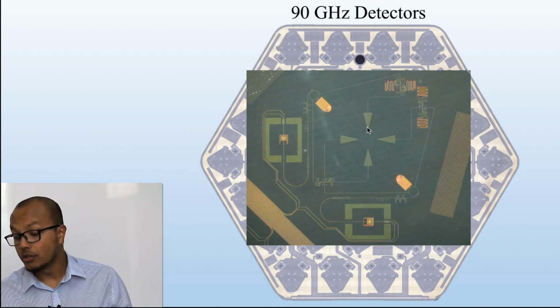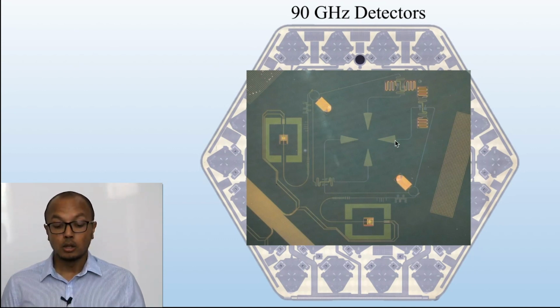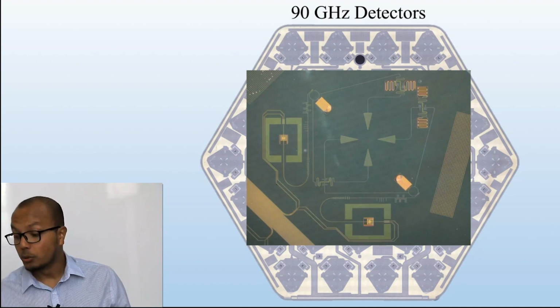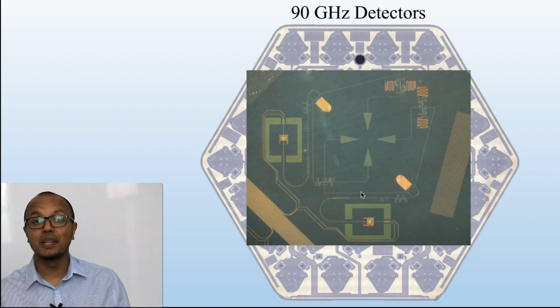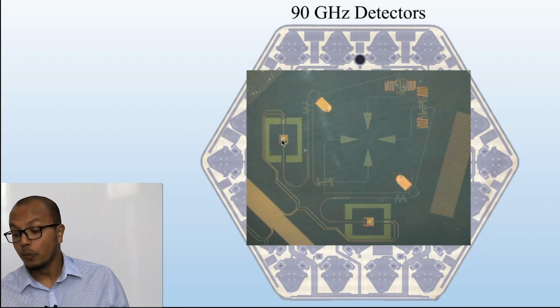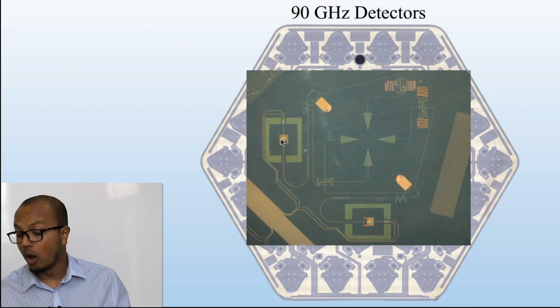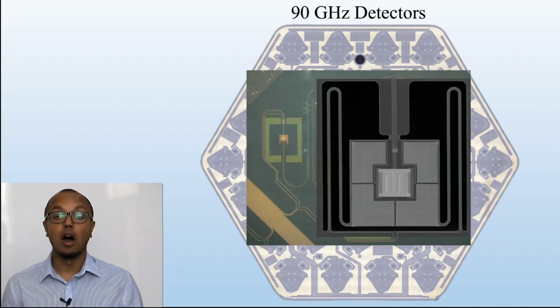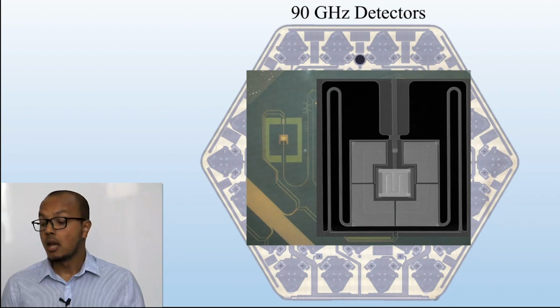Here you can notice the 2 orthogonal antennas that detect 2 linear polarizations of the light, and through the microcircuitry it directs the optical signal to the bolometers. If you were to zoom in on one of these bolometers, you will see how our bolometers are designed.